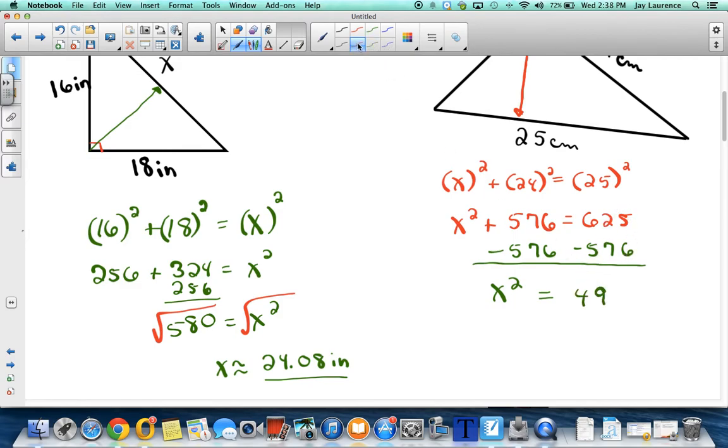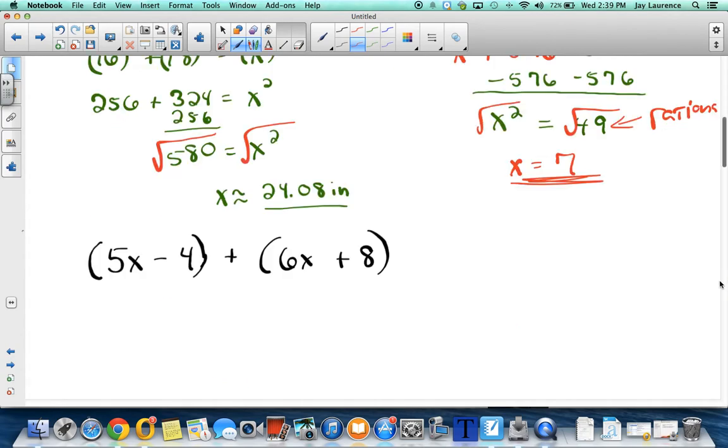Now, if I take the square root of each side, all right, taking the square root of each side, what times itself is 49? Well, that would be 7. Okay, now 49 has two square roots, a positive and negative, but since I'm talking about the length of the side of a triangle, I don't care about the negative side. So 7 is my answer. Notice I didn't use that wavy equal sign because I got an exact answer. This is a rational number.